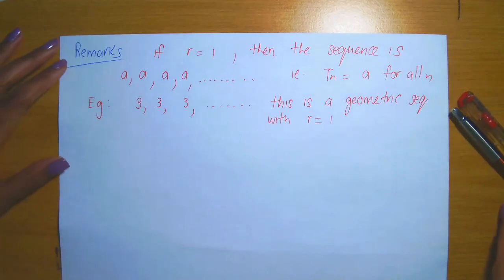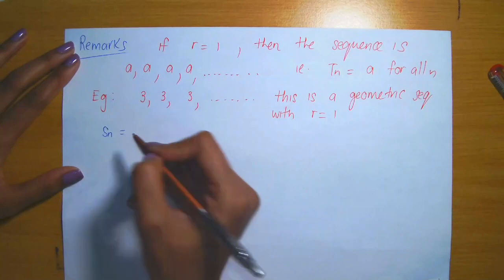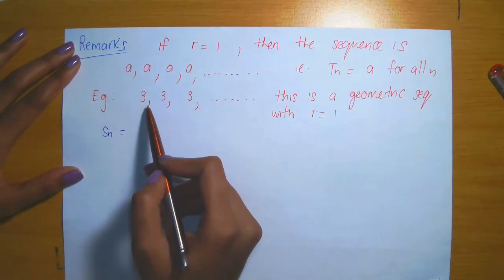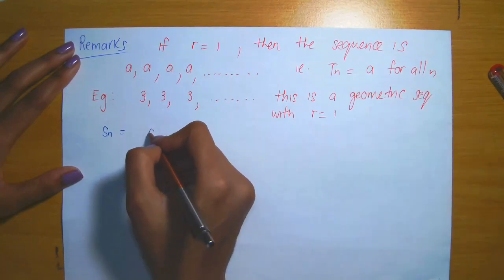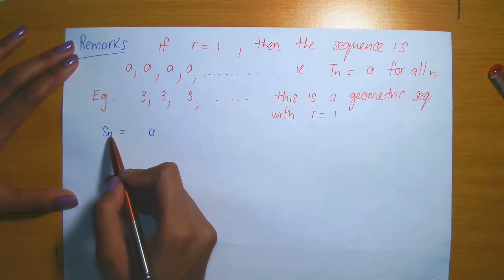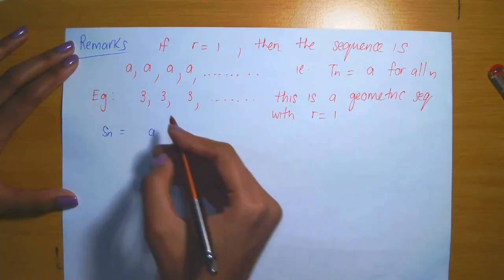And then what would be the sum to n terms? Then the sum to n terms will be that constant number, which is your first term, and since I'm adding the first n terms together, I'm adding it n times.